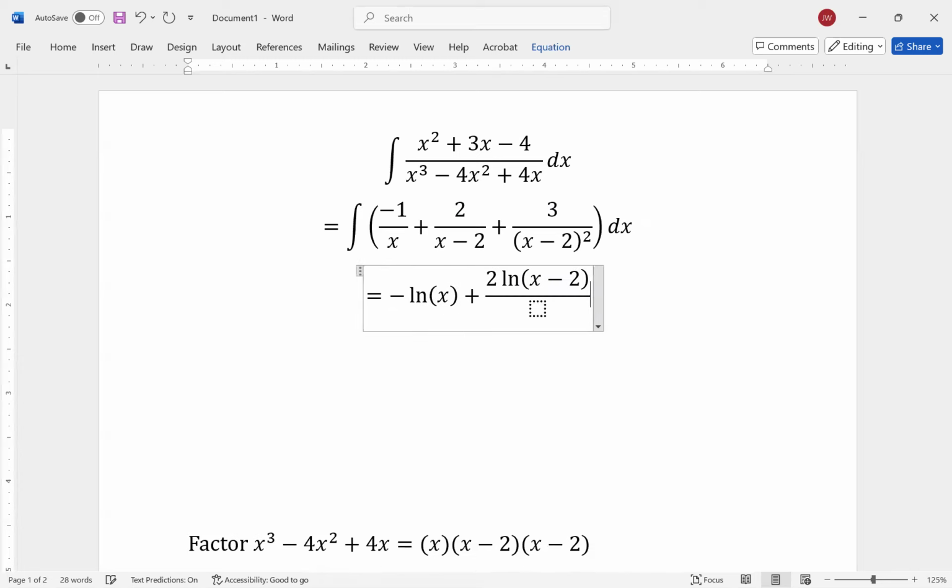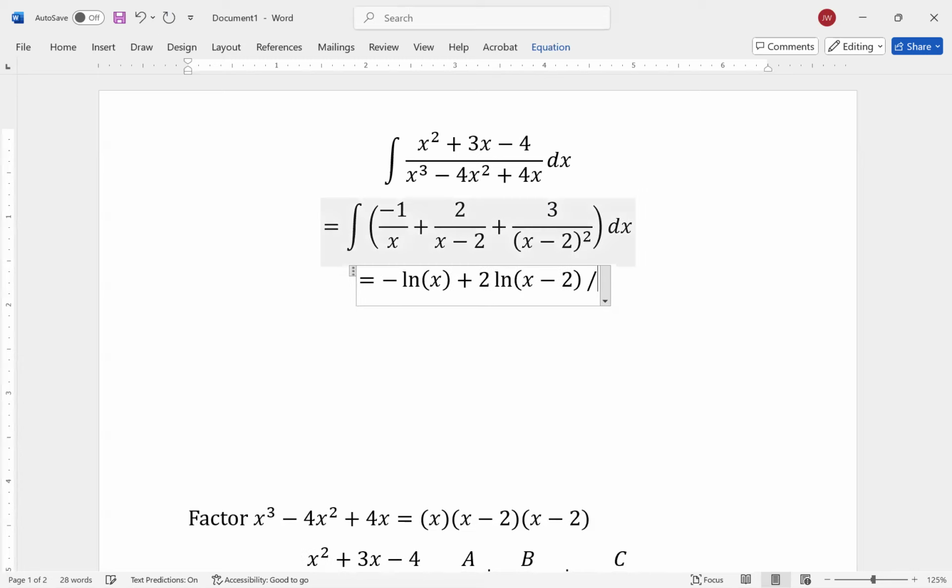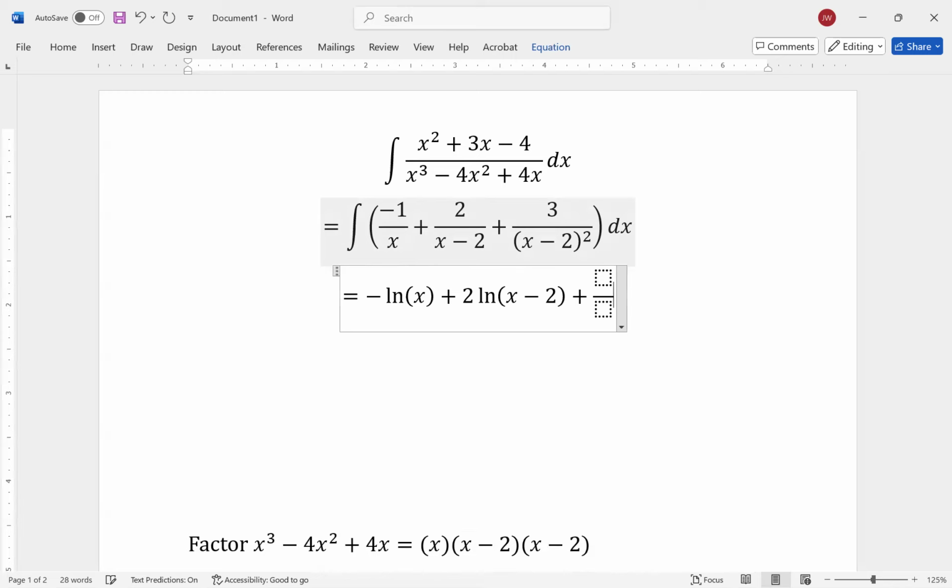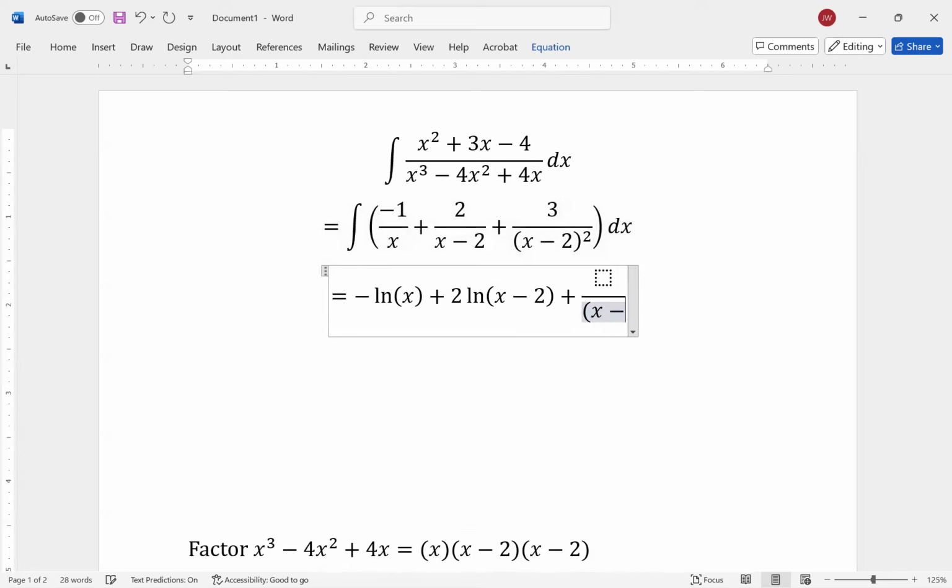And then, oops. What you would do is you'd call this thing X minus 2 to the -2. When you add 1, you'd get X minus 2 to the -1. You get X minus 2 to the first power in the denominator. And then you'd have to divide by -1.